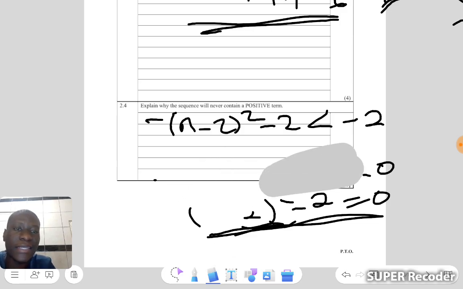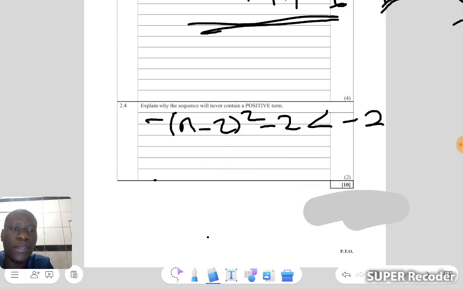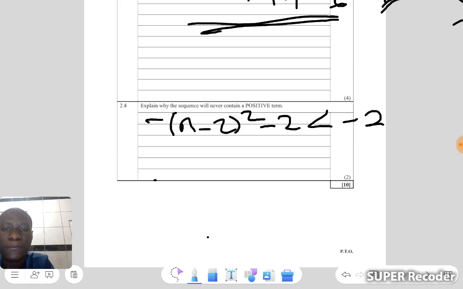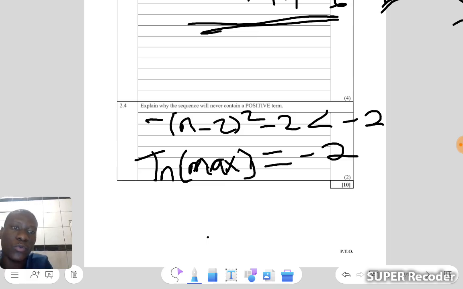And if this is the case, if it is less than negative 2, this will tell us that our Tn maximum equals negative 2. Our Tn maximum will equal negative 2.